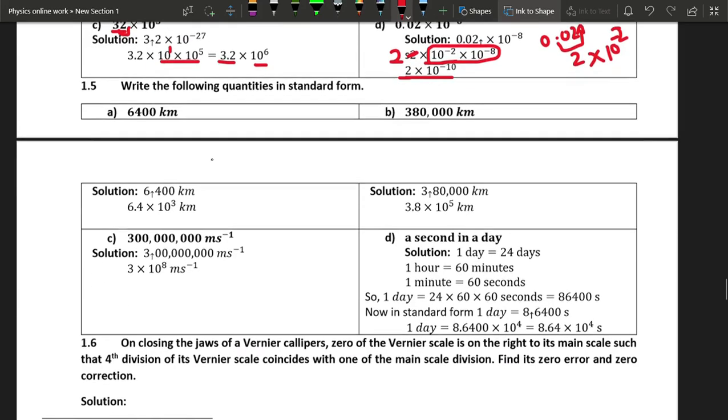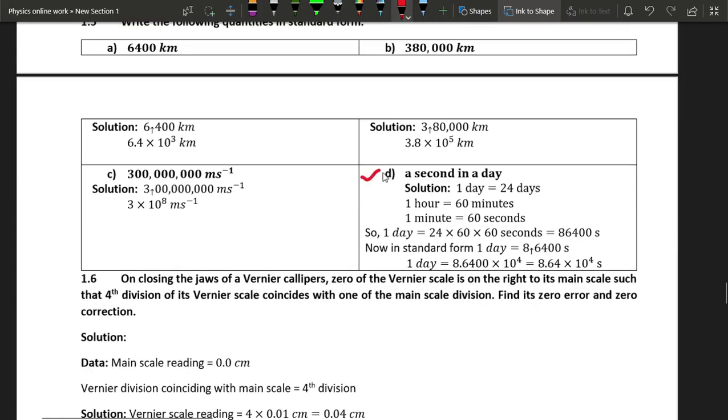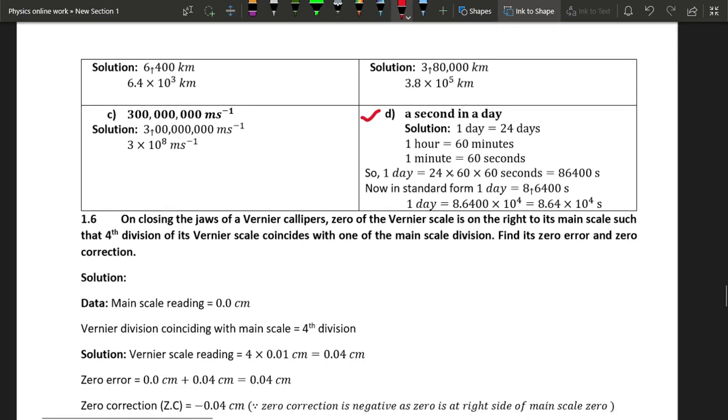Now write the following in the standard quantities. You can do it by yourself. This is an important question, seconds in a day. We know that one day is 24 hours, 1 hour is 60 minutes, 1 minute equals 60 seconds.